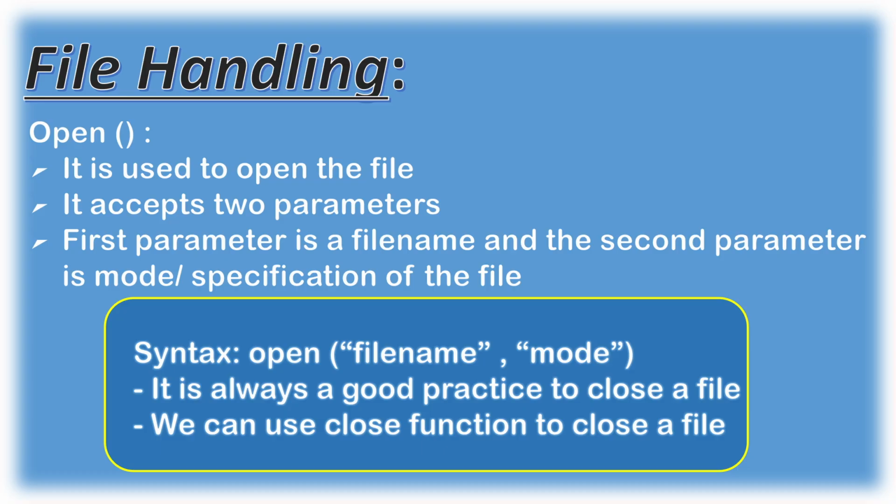Okay, next we'll see some functions used in file handling. First one is the open function. What is the open function? It is used to open the file. It accepts two parameters. First parameter is the file name and the second parameter is the mode or specification of the file.